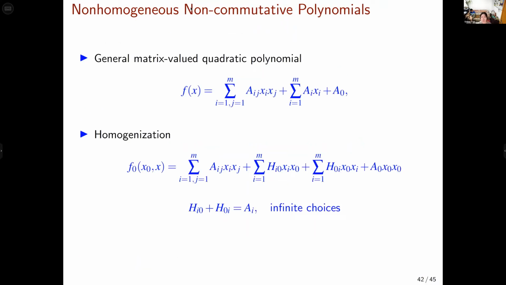But in the non-commutative case, this is not true, because for a general matrix-valued quadratic polynomial F, we have its homogenization F0. And for F0, the coefficients Hi0 and H0i have only one equation constraint. So there are infinitely many homogenizations of F.